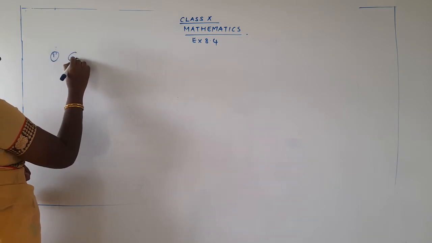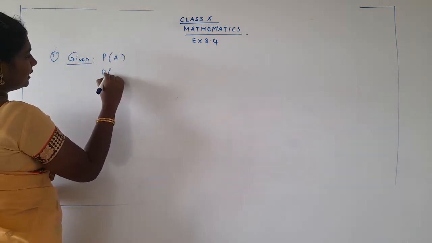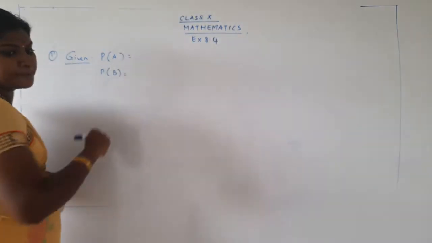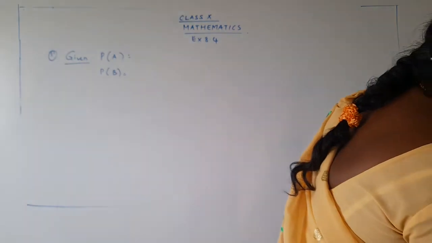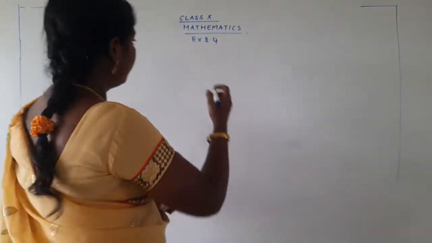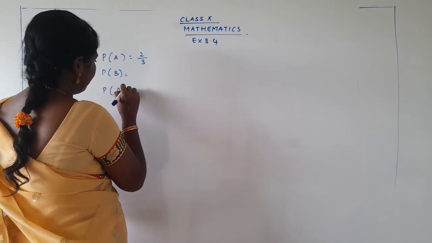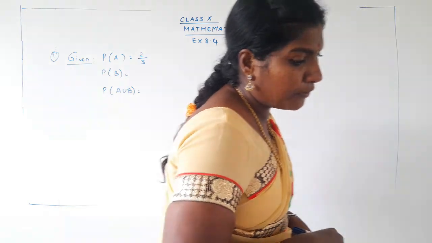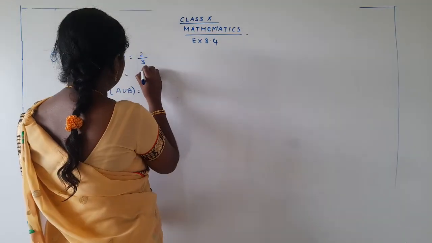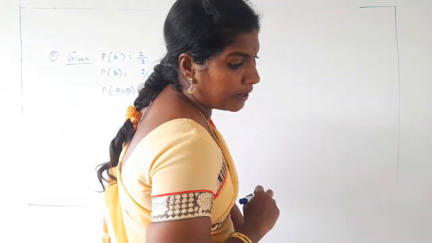This is the first question. What is given to us? P of A is given to us. Then P of B is given to us. And also P of A union B is given to us. So P of A is equal to 2 upon 3. What is P of B? It is 2 upon 5. And P of A union B is 1 upon 3.